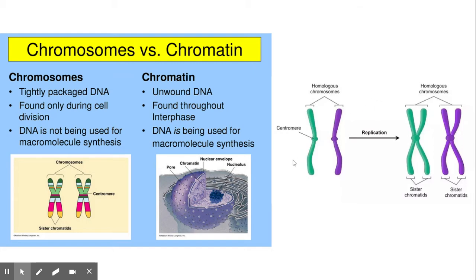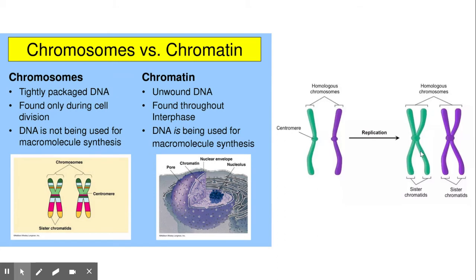We're just getting ready for the process of division. Let's take a look at what we're talking about over here. Remember we have a pair of chromosomes, 23 pairs. For each of the 23 pairs, we have one that came from our biological mother and one that came from our biological father. During replication, we end up with two copies of the genetic material we got from our mother and two copies of the chromosome we got from our father.